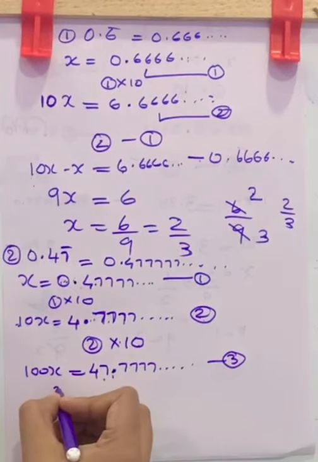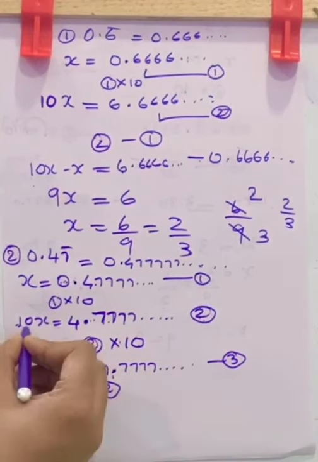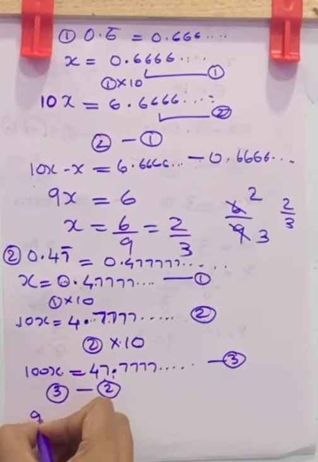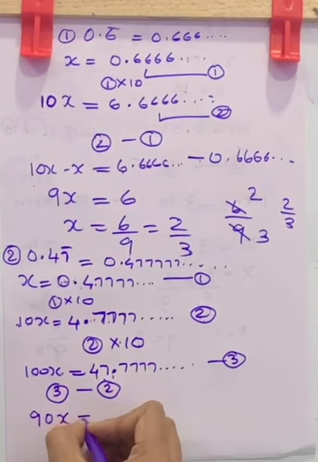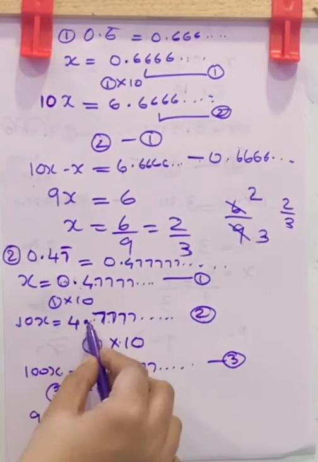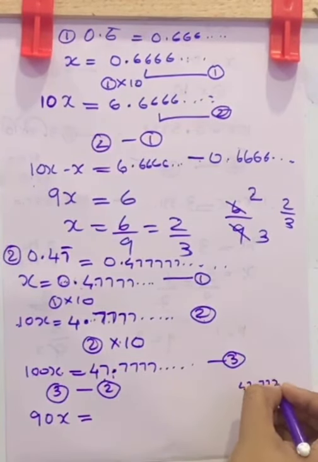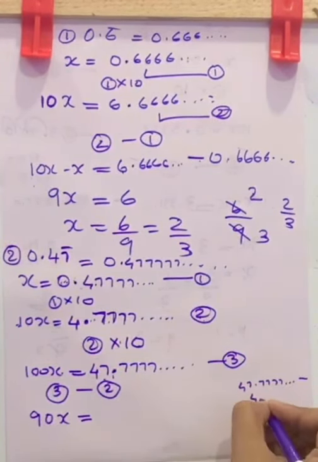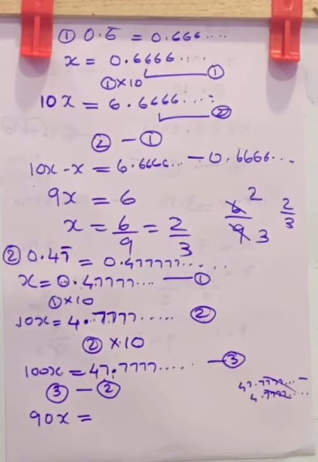Now equation 3 minus equation 2. 100x minus 10x, that is 90x. 100 minus 10 is 90. 90x is equal to 47.777 etc. minus 4.777 etc. This part will be cancelled.